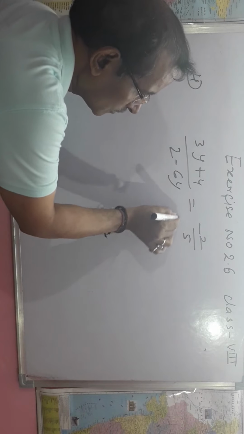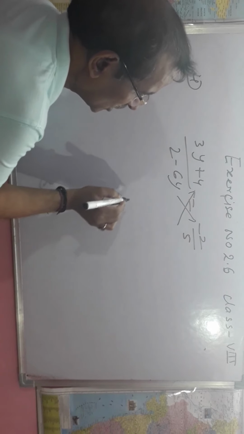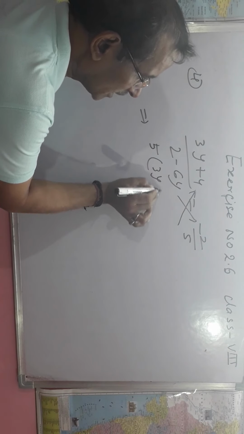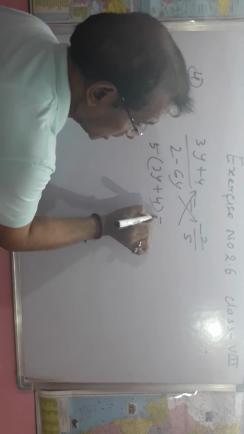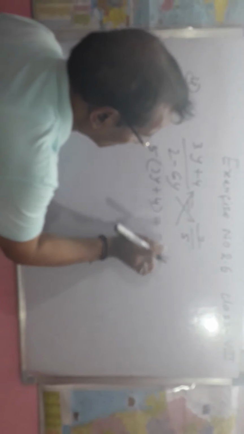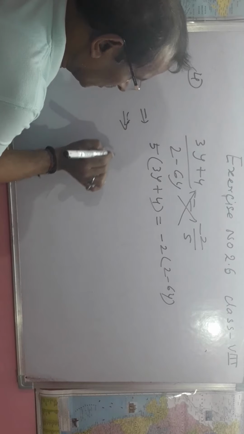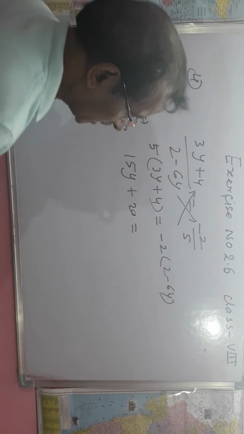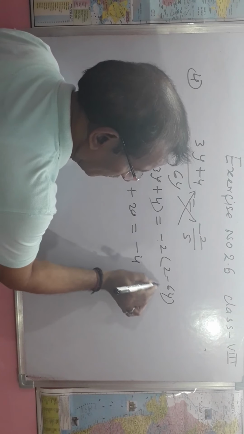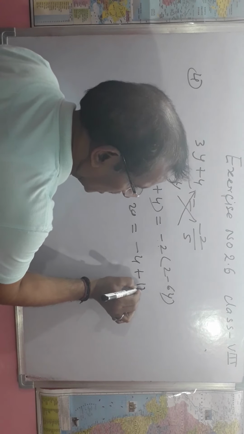Now same we do cross multiplication, then we get 5 multiply 3y plus 4, 5 multiply to whole quantity, that is equal to minus 2 multiply this 2 minus 6y with minus 2.